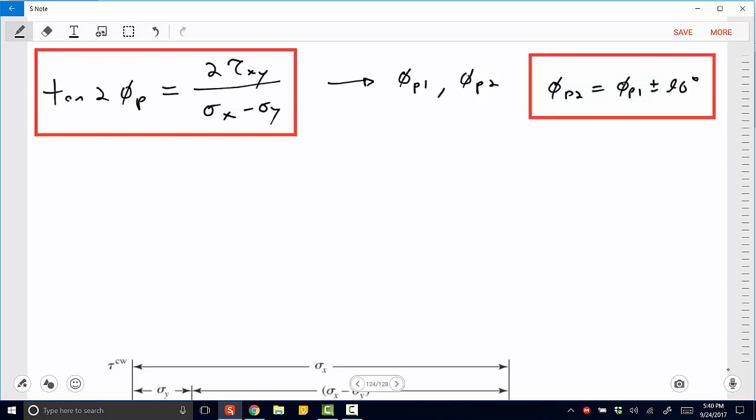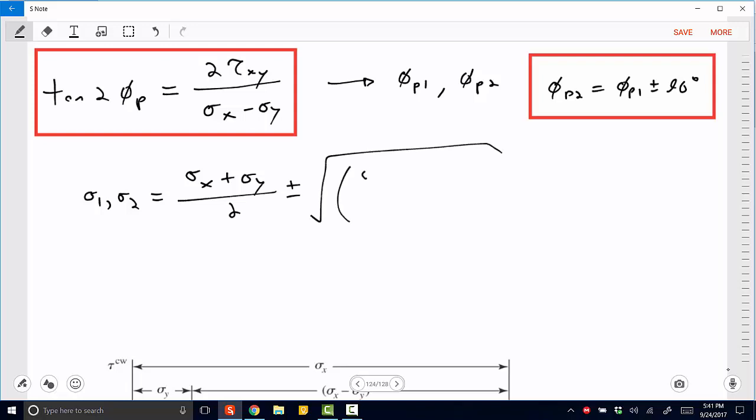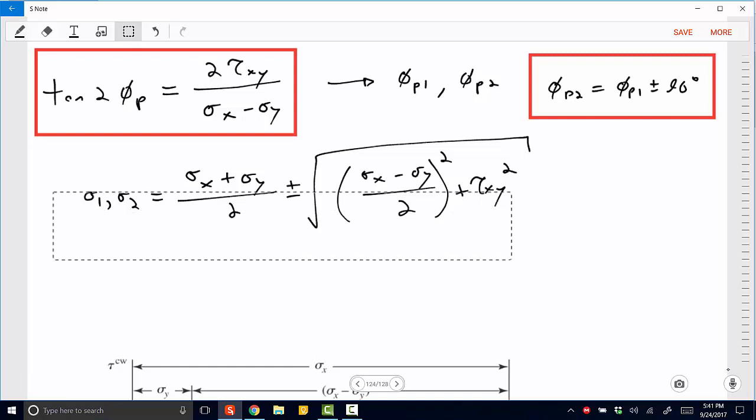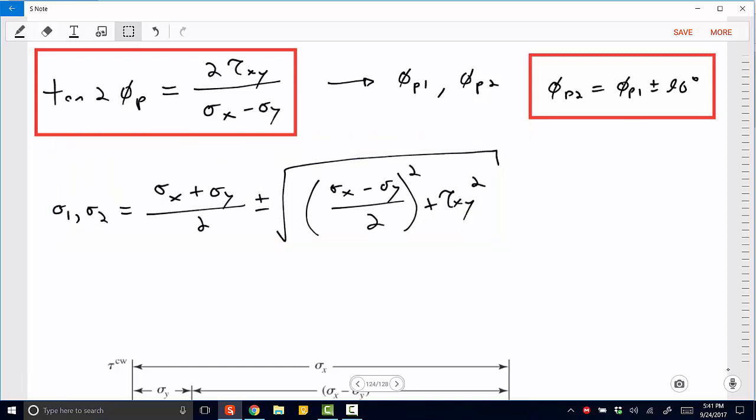And we'll find those values of principal stress sigma 1 and sigma 2 being equal to sigma x plus sigma y divided by 2 plus or minus the square root of sigma x minus sigma y divided by 2 squared plus tau xy squared, where sigma 1 is greater than sigma 2.